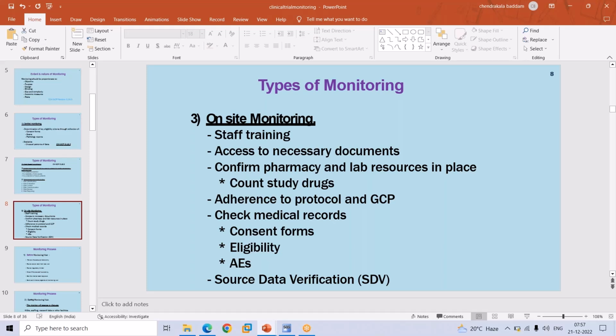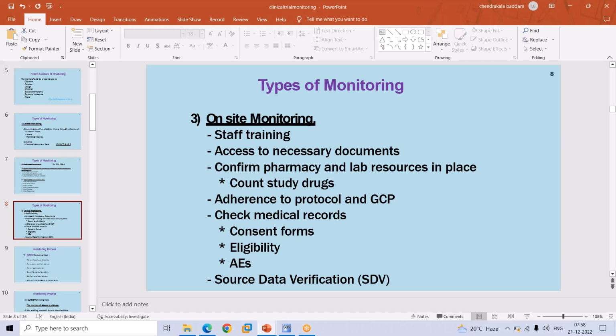So what is source data verification? Basically, your data on the CRF will be collected from the source documents. So verifying the data which is already entered into the CRF with the source is called source data verification.